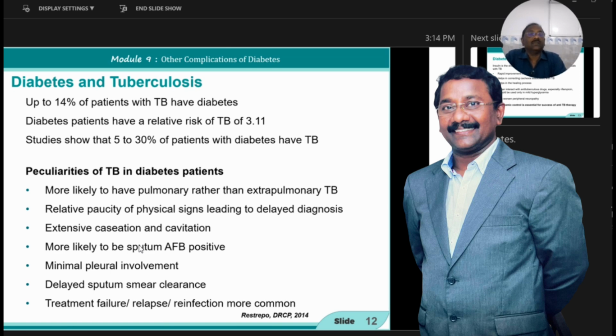That is the reason we don't think of tuberculosis in those individuals, and by the time you diagnose it, it is already late. Yesterday I saw one patient who came to me 3 months back, a diabetic with some cough, breathlessness and fever. I gave him an antibiotic and he was all right. Yesterday he came again with recurrent fever, cough and breathlessness. I took an X-ray, which I didn't take 3 months ago, and there was a beautiful open cavity in the left upper lobe.